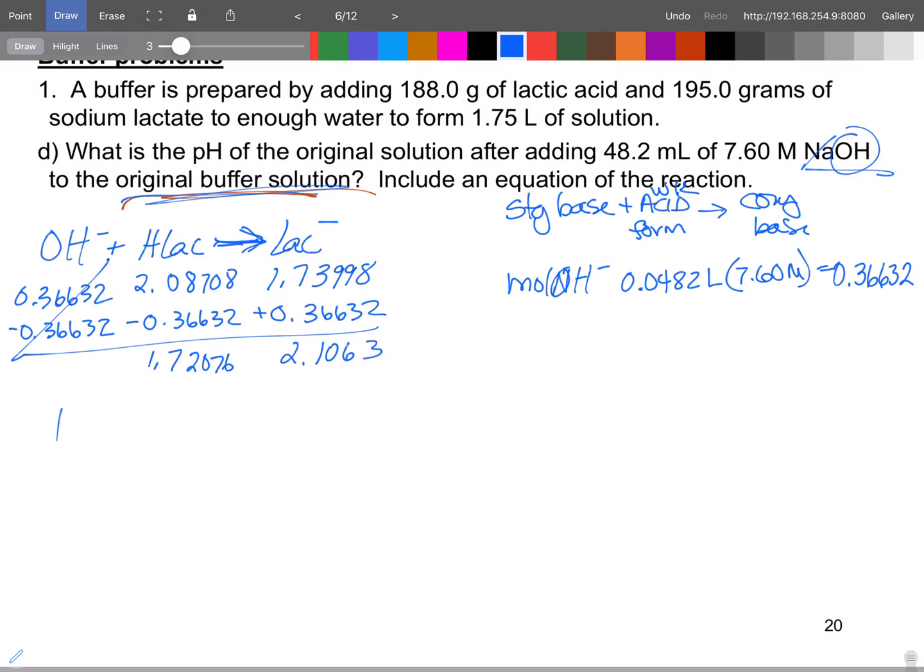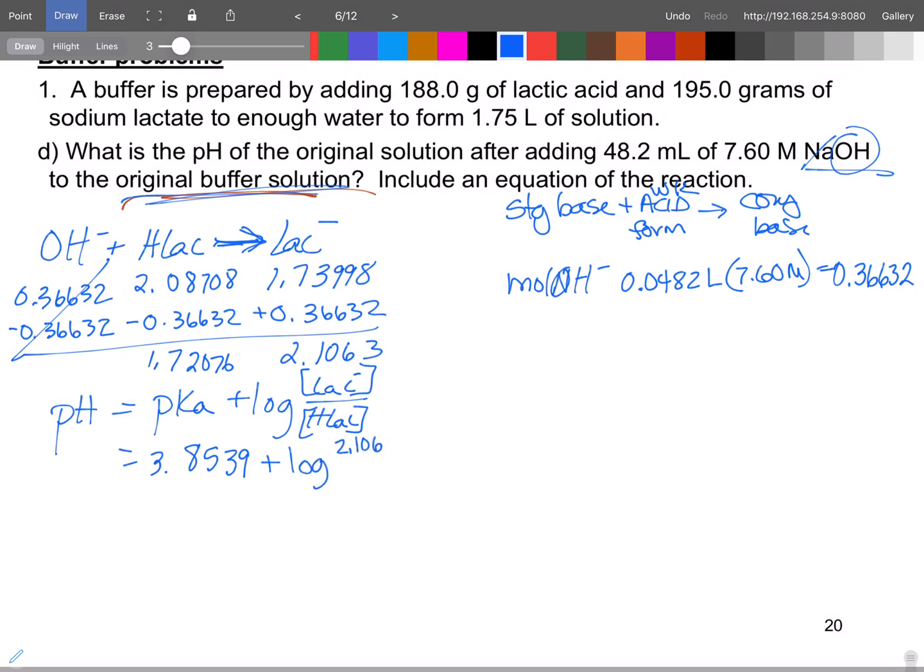2.1063. Again, Henderson-Hasselbalch: pKa plus the log of the lac minus over H-lac. Okay, so again, 3.8539 plus the log of, in this case, 2.1063 over 1.72076.